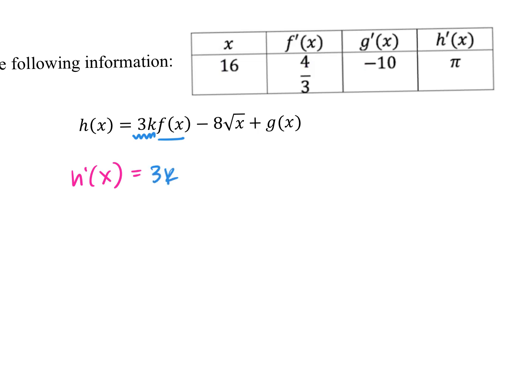We got 3k. What's the derivative of f of x? Oh, cool. Okay, first I'm just going to write it as f prime, but I agree, I'm going to replace that with a 4/3 in a second. Minus, we got to rewrite this guy in the form so that I can take its derivative. This is currently minus 8x to the 1/2. What would that derivative become?